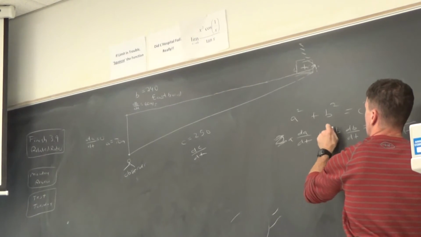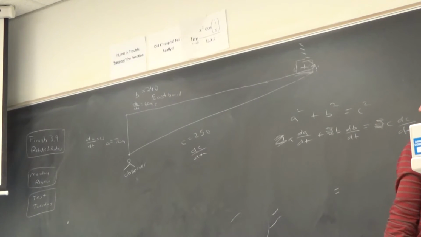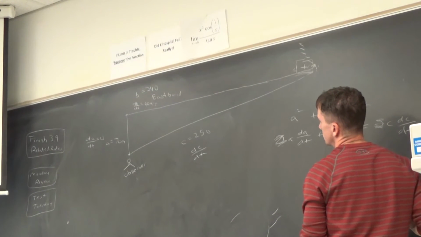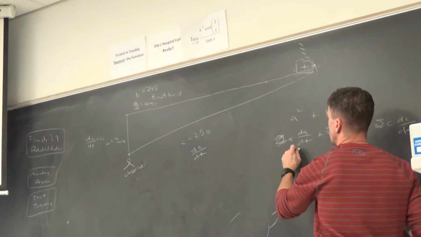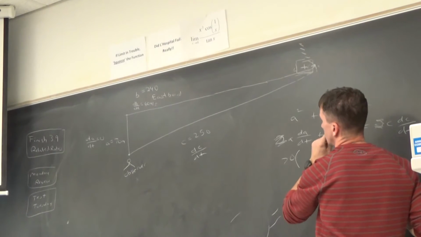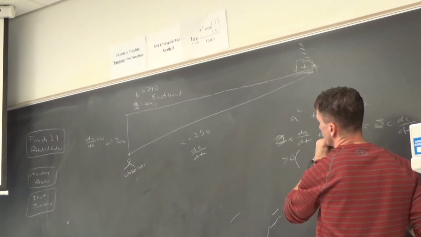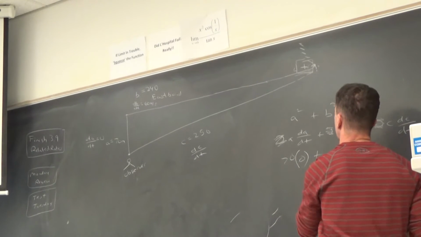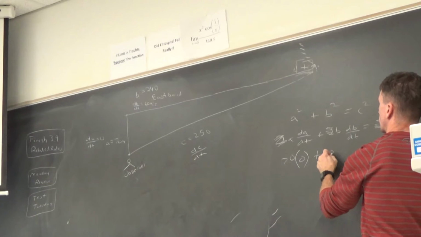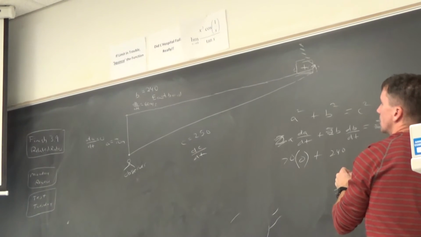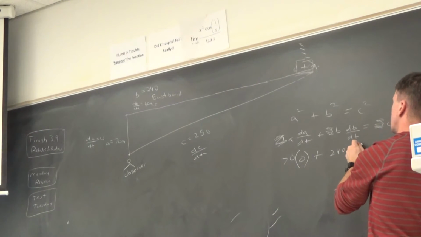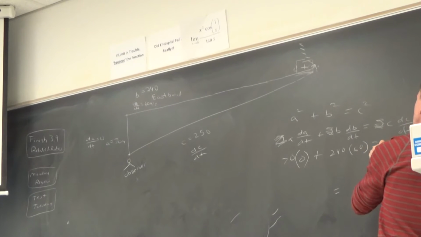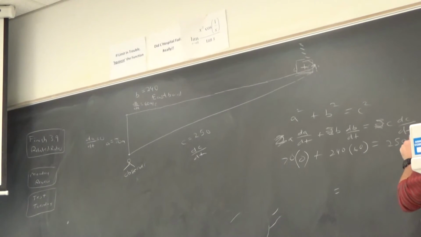Divide them out on both sides. 70, 0, 240, 60, 250, dC/dt.